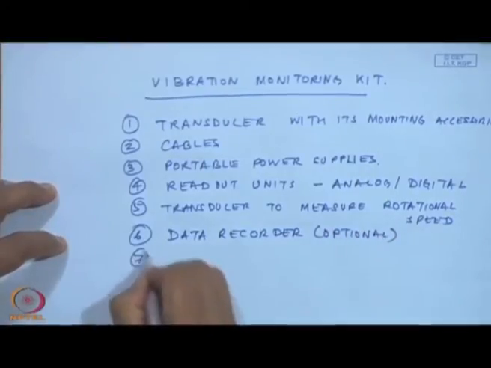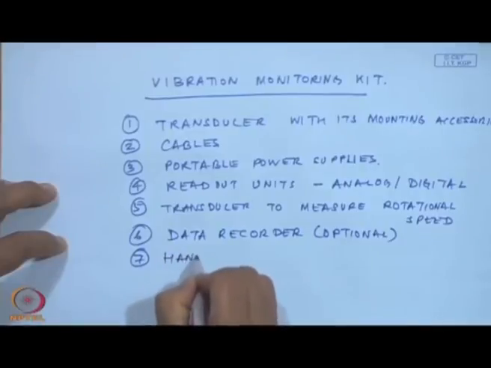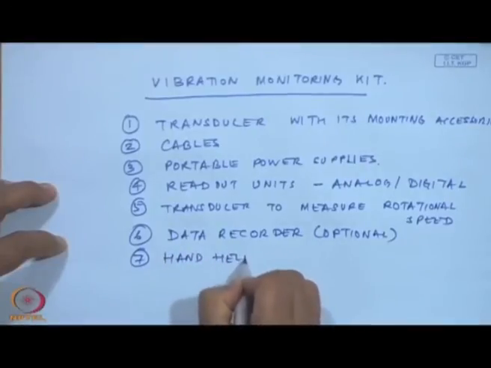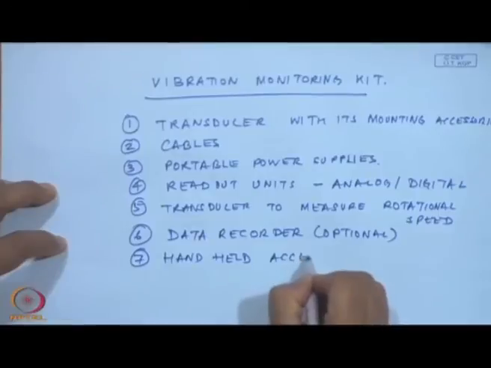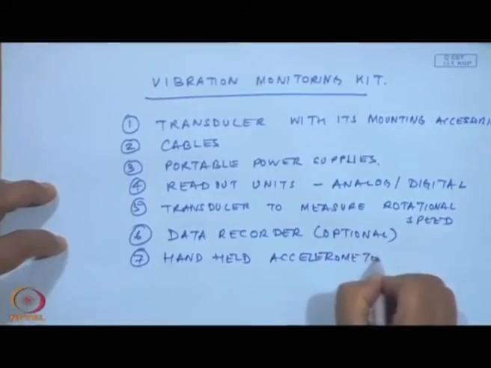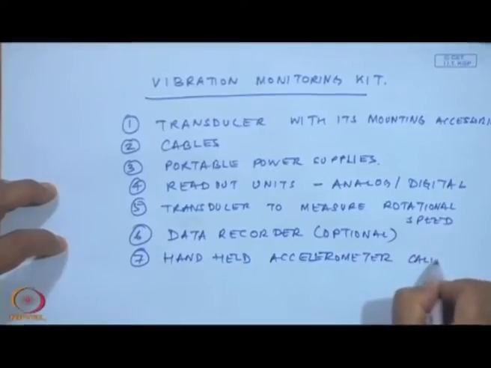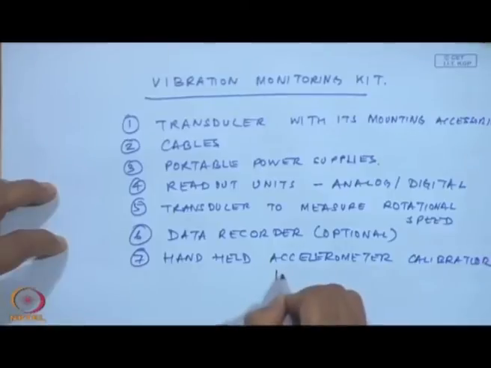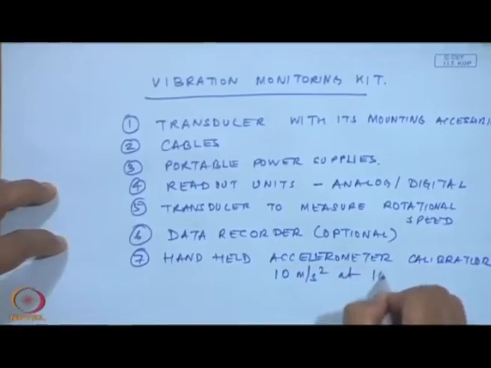And of course, another very important thing is the handheld calibrator, typically which gives 10 meters per second square at 1000 radians per second. Okay.